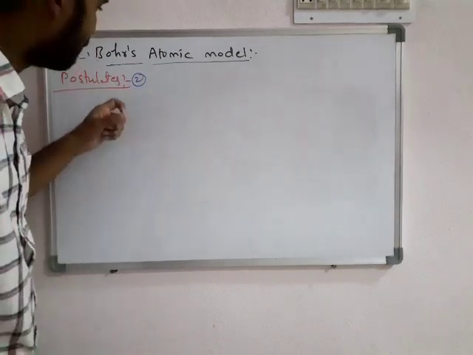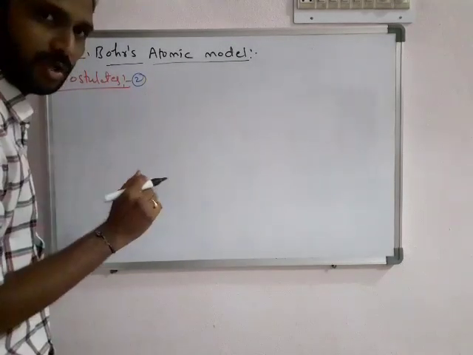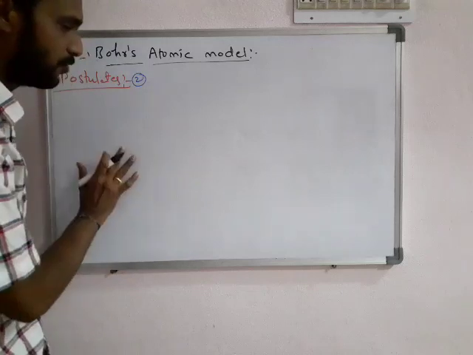Now the second important postulate. The electrons revolve around the nucleus in a fixed orbit, we know that.